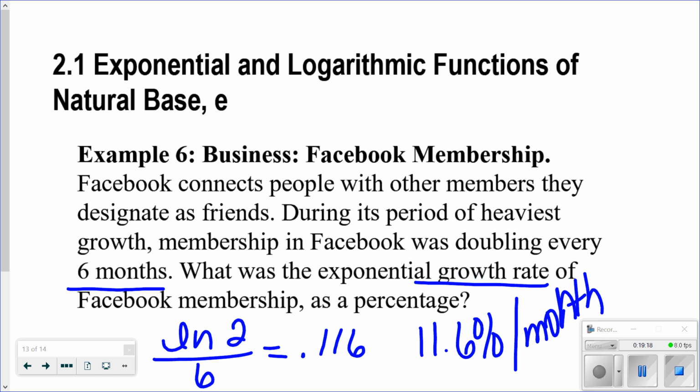Okay, we divided it, and our period of time was months. So our rate is 11.6% per month.